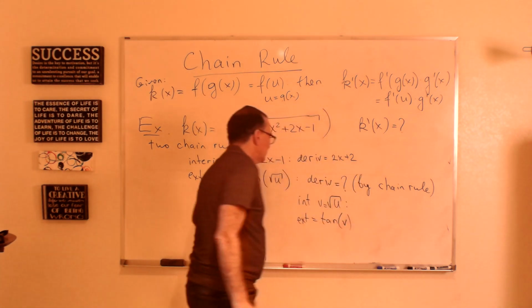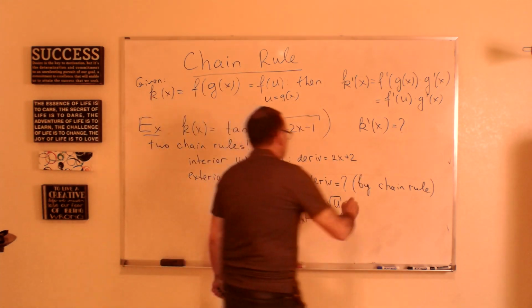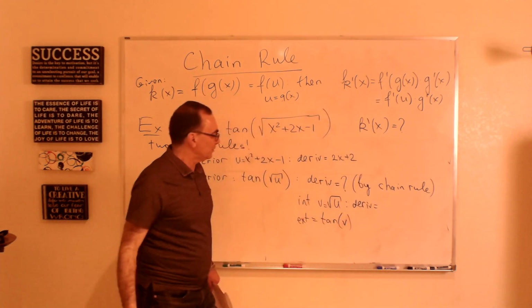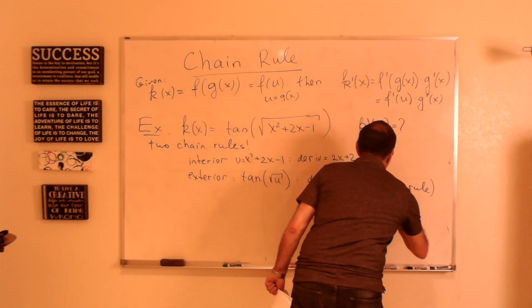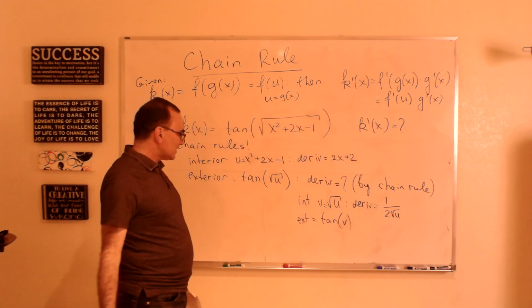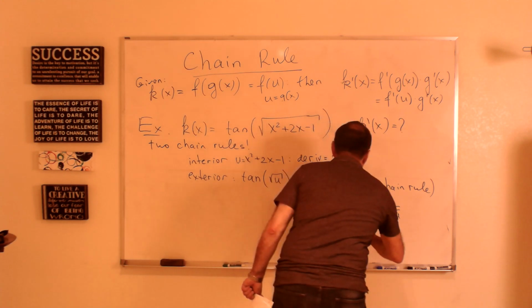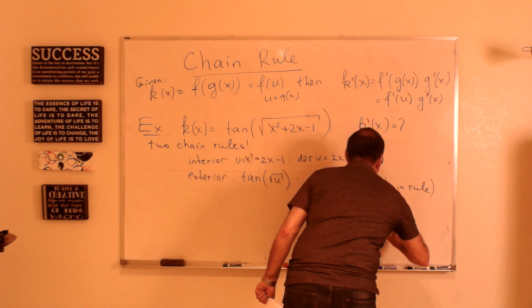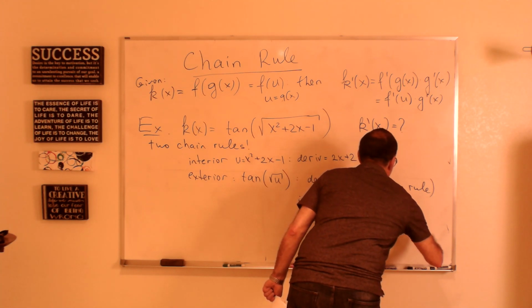Now let's calculate the derivatives. The derivative of the interior, the derivative of the square root of u, is 1 over 2 square root of u. Now, the derivative of the exterior is the derivative of the tangent, which is secant squared of v.